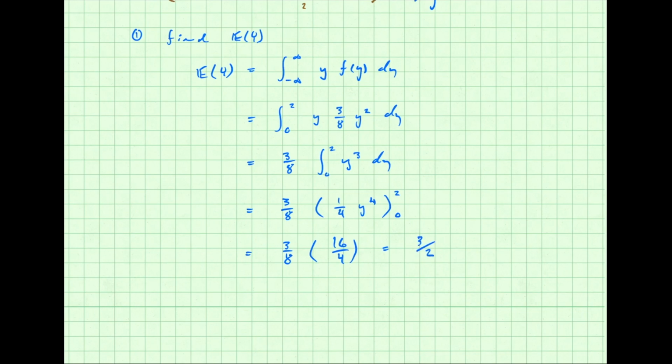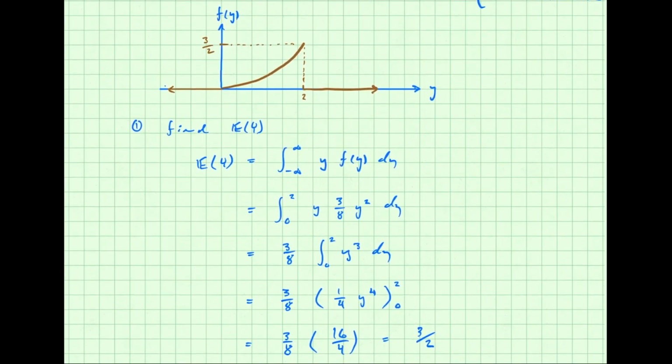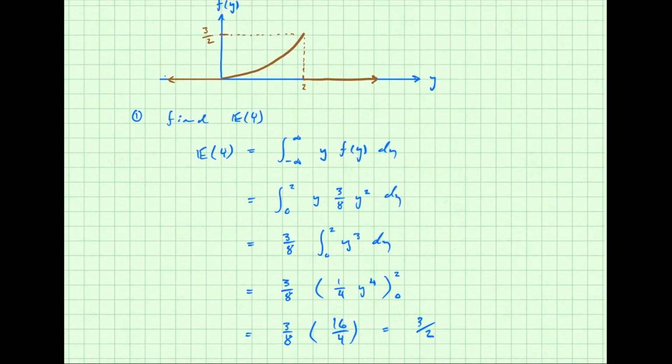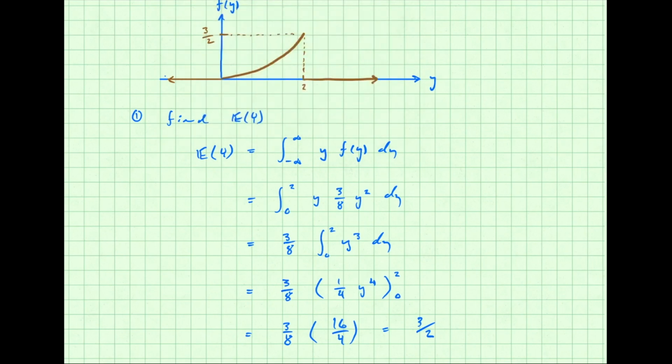Let's look back at the picture and see if it's in a place we expect. It's 3/2, so 1.5. If that's 2, then 1 is here, and 1.5 is around there. So it's somewhere around here.